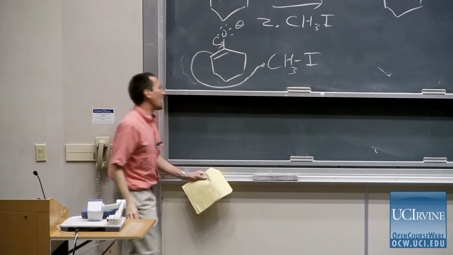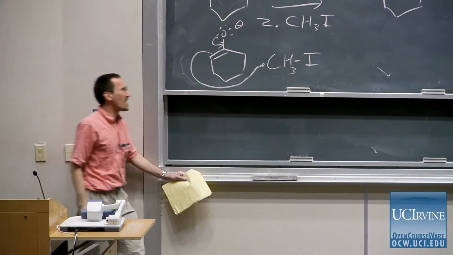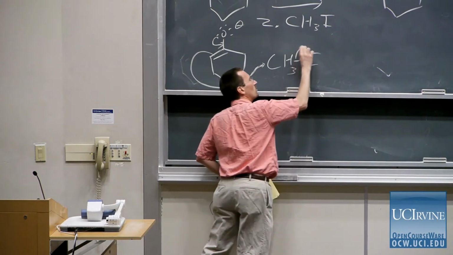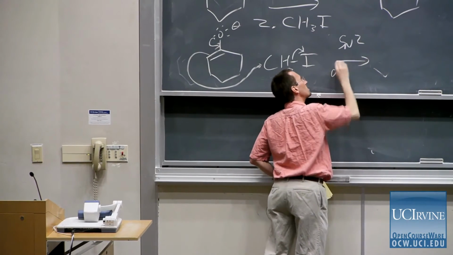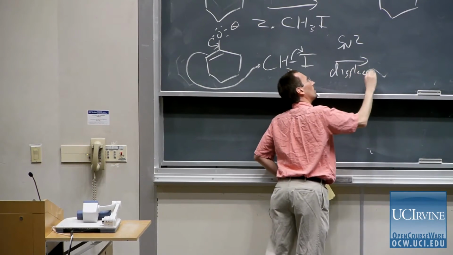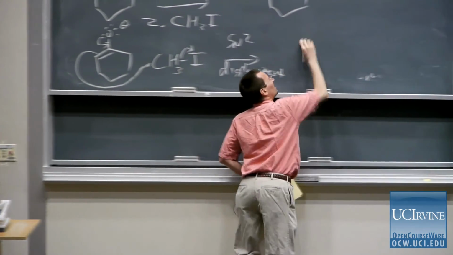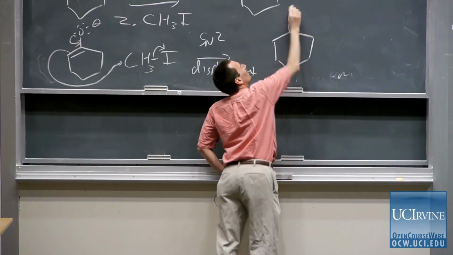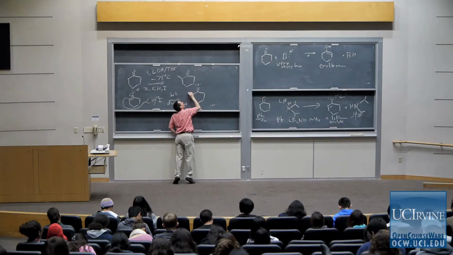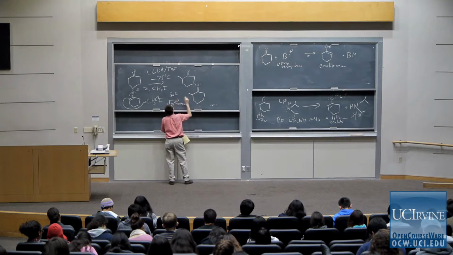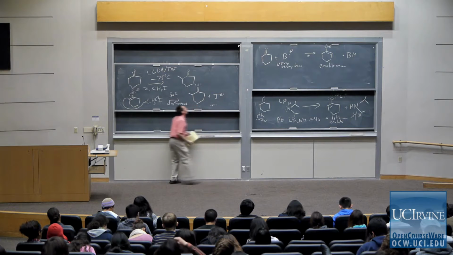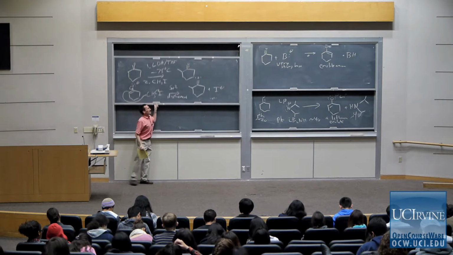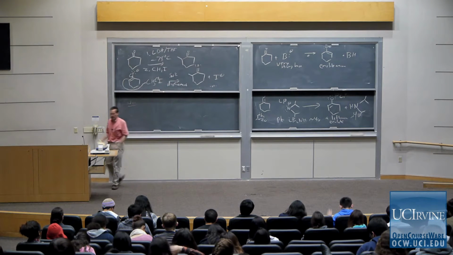Electrons flow from the alpha carbon to the electrophilic methyl carbon, and we do an SN2 displacement to give the methylated cyclohexanone and iodide anion.